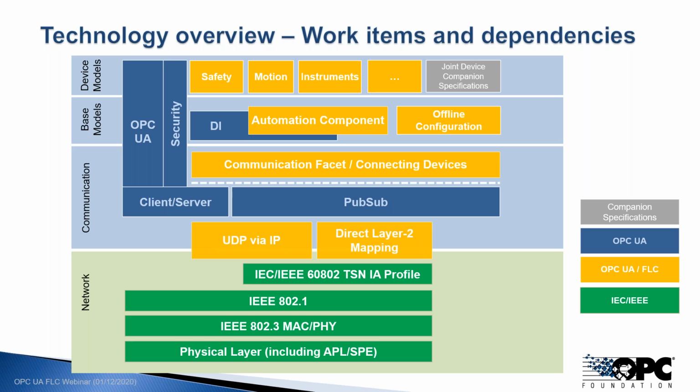And we are defining two communication profiles. We'll hear later further details on that. On the one hand side, supporting UDP over IP, but also supporting a direct layer 2 mapping for more efficient communication. As I said, we prepare for adding additional communication standards in future. Mentioned here is wireless communication over 5G, Wi-Fi 6, Wi-Fi 7.